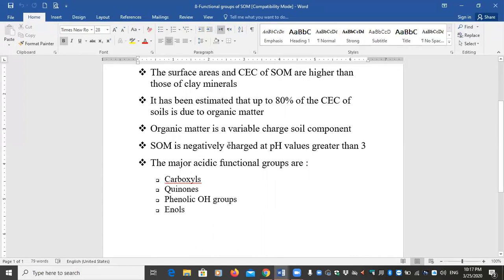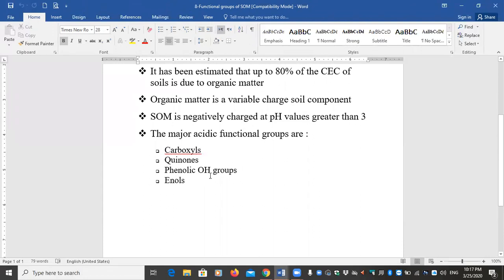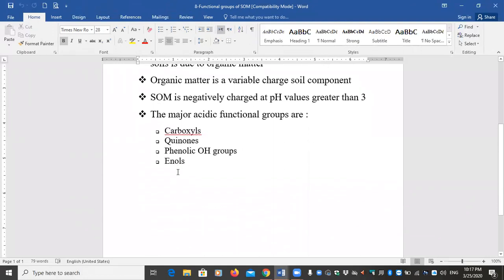You don't talk about positively charged organic matter unless the pH is lower than 2, which for soil is nonsense. It doesn't exist. So that's why we say soil organic matter is negatively charged in agricultural soils. The major acidic functional groups are carboxyl, we saw the table, carboxyls, quinones, phenolic OH groups, and enols.